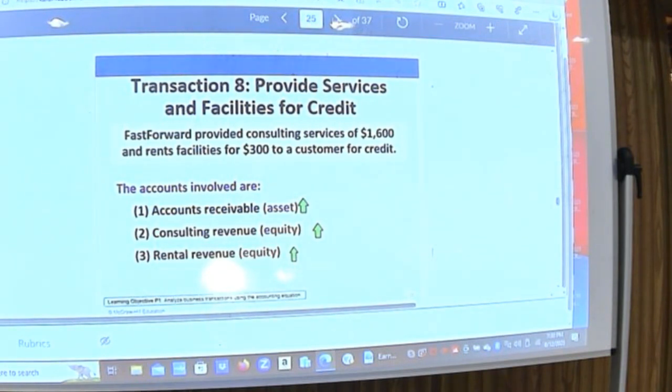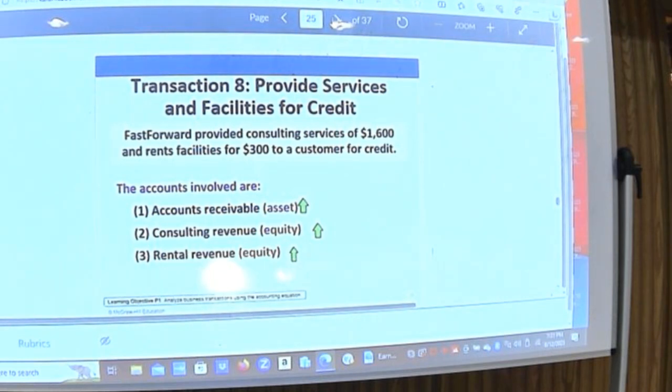Providing services and facilities for credit. Okay, so we're consulting with another customer. This individual doesn't pay us cash, but we have his word that he is going to pay it in the future. That's an account receivable. His promise to pay is an asset. Goes up by $1,600. Revenue on the right-hand side goes up by $1,600.